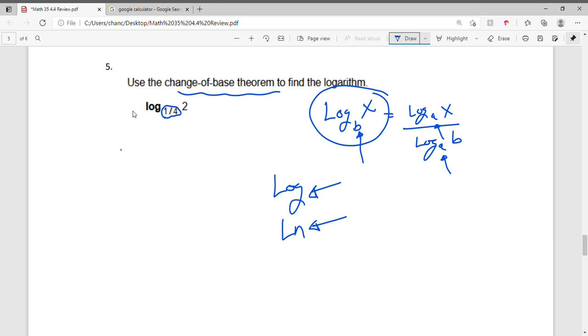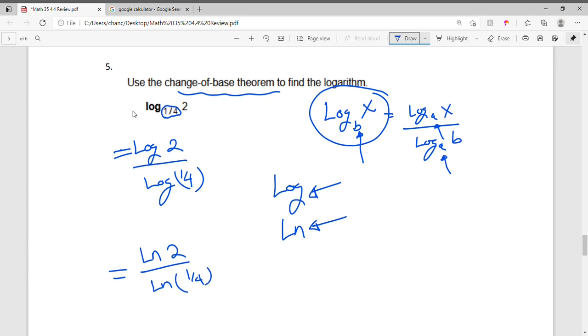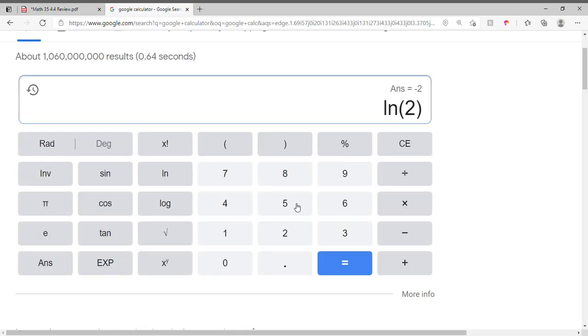We can convert it to any base that we want, either base 10 with log or base e with natural log. So this is equivalent to log of 2 divided by log of 1/4, and that's going to give us our solution. You can also use natural log of 2 divided by the natural log of 1/4. Either way, we're going to get the same answer. So let's try that on our Google calculator.